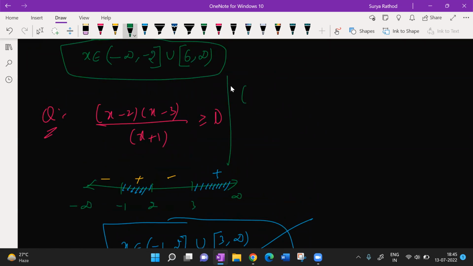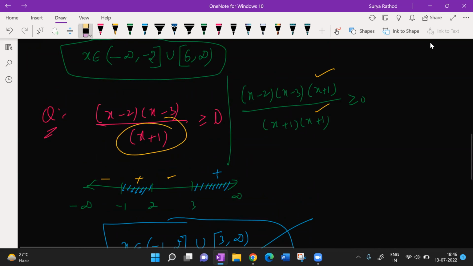Look at this here. For suppose x minus 2 into x minus 3, I will be multiplying and dividing with what? X plus 1 in the numerator and denominator. Look at this here, greater than or equal to 0. I have multiplied and divided with x plus 1 in the numerator and denominator. Why did you do that, sir? I do not know whether the denominator is positive or not.